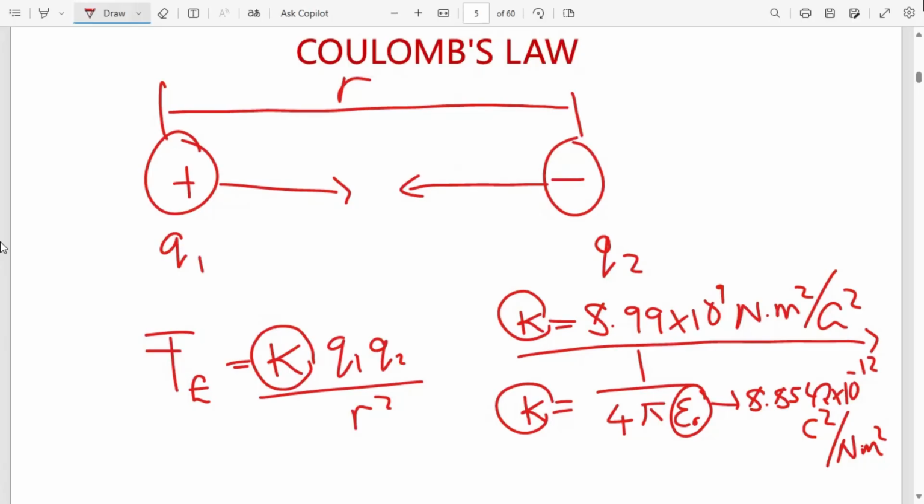You remember, using Newton's third law, what we basically mean when we talk about an action reaction pair is that they are equal in size but opposite in direction. So the electrostatic force between these two point charges is going to be equal in magnitude but opposite in direction. So the force that Q1 is exerting on Q2 and the force that Q2 is exerting on Q1 will be the same but opposite in direction.